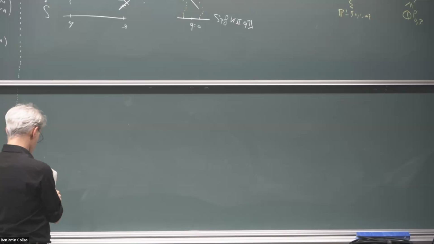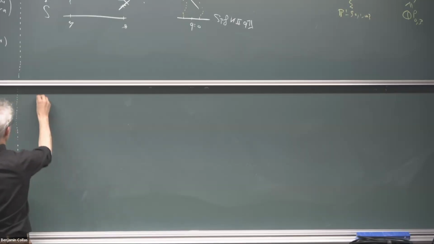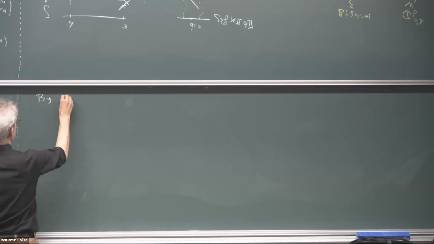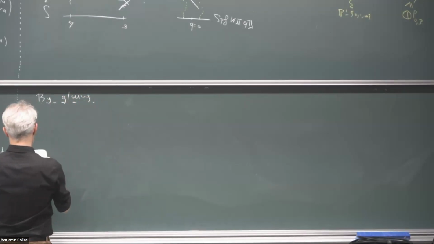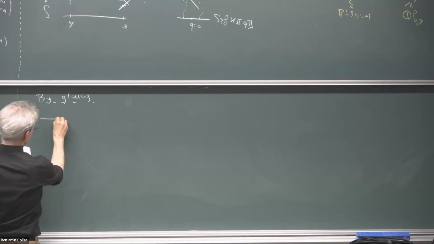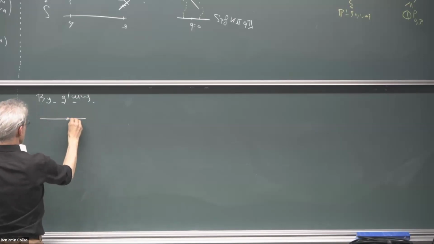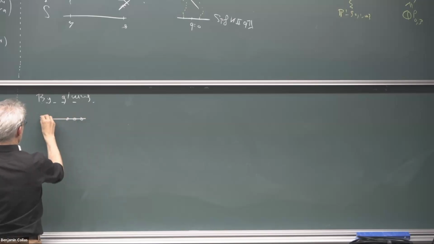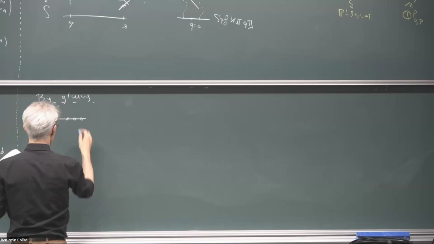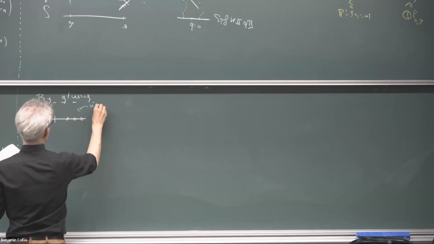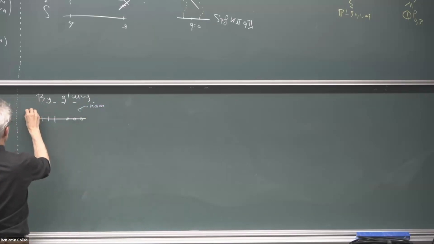So how do I find the model? I told you, by gluing something. The thing that I glue is something of genus 0 with some ramification points and some marked points. So these are ramification points and this is a marked point.